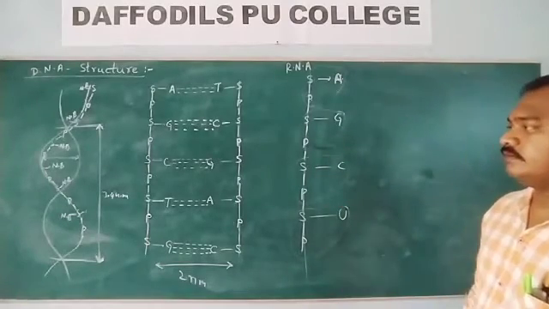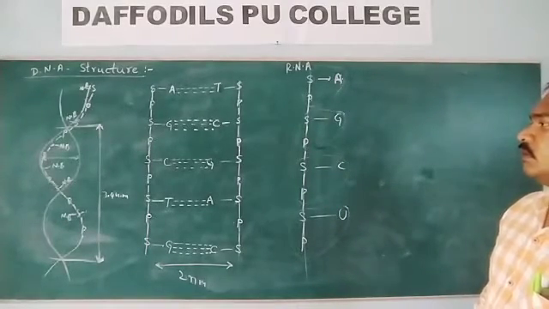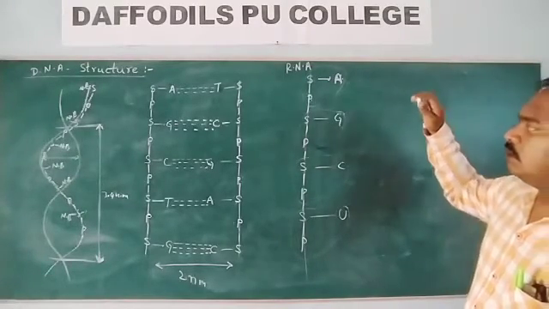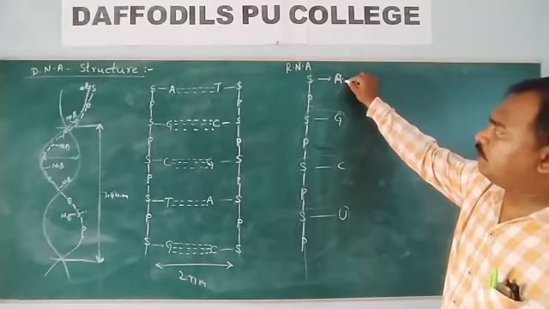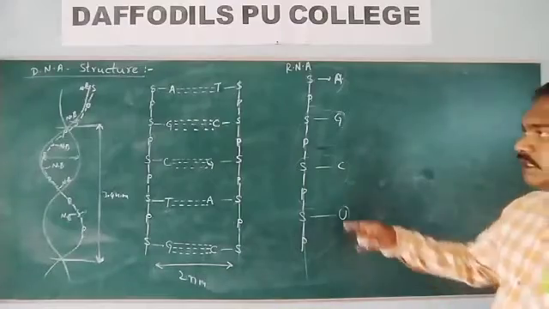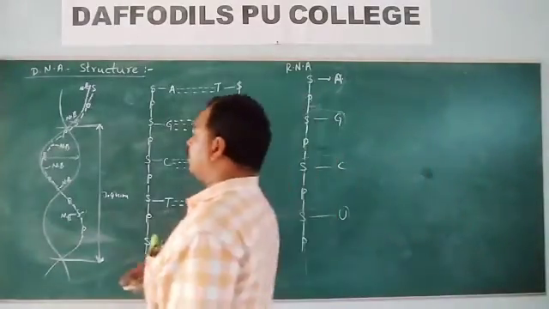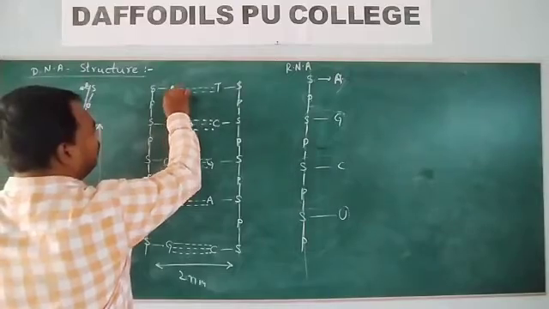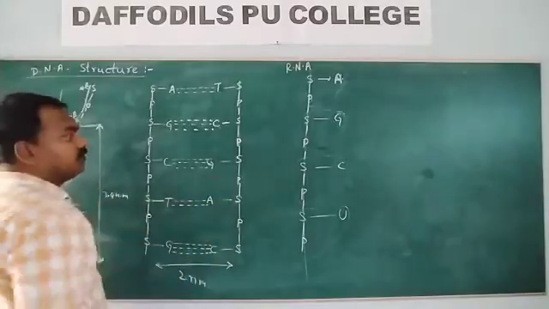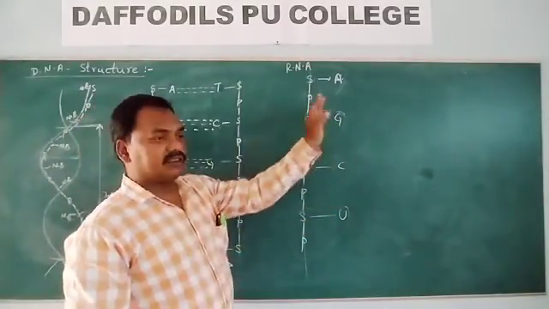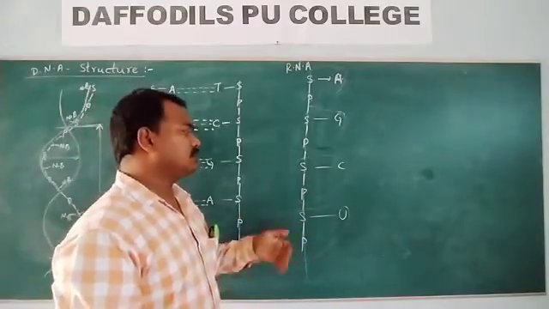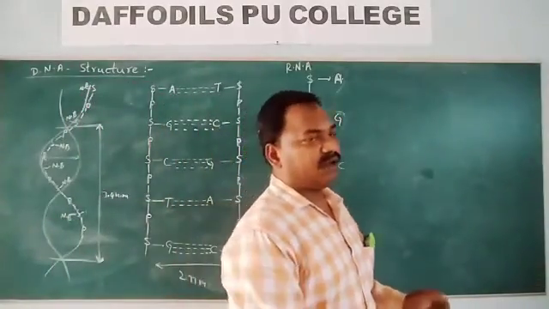In RNA, there is no condition that the number of adenine is equal to the number of uracil groups. But in DNA, the number of adenines is equal to thymine, A is equal to T, G is equal to C. But in RNA, some RNAs have more adenine, some RNAs have less adenine.